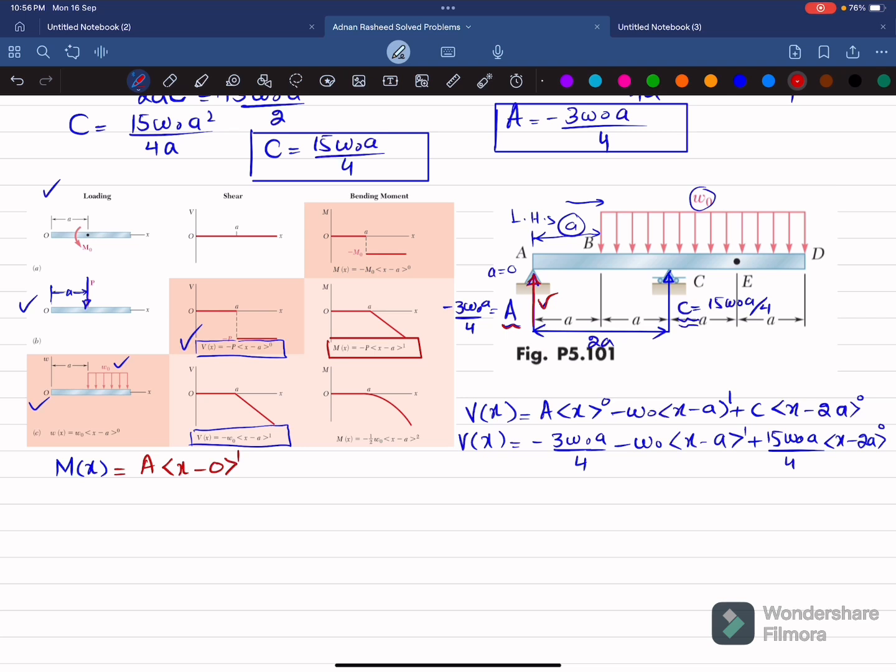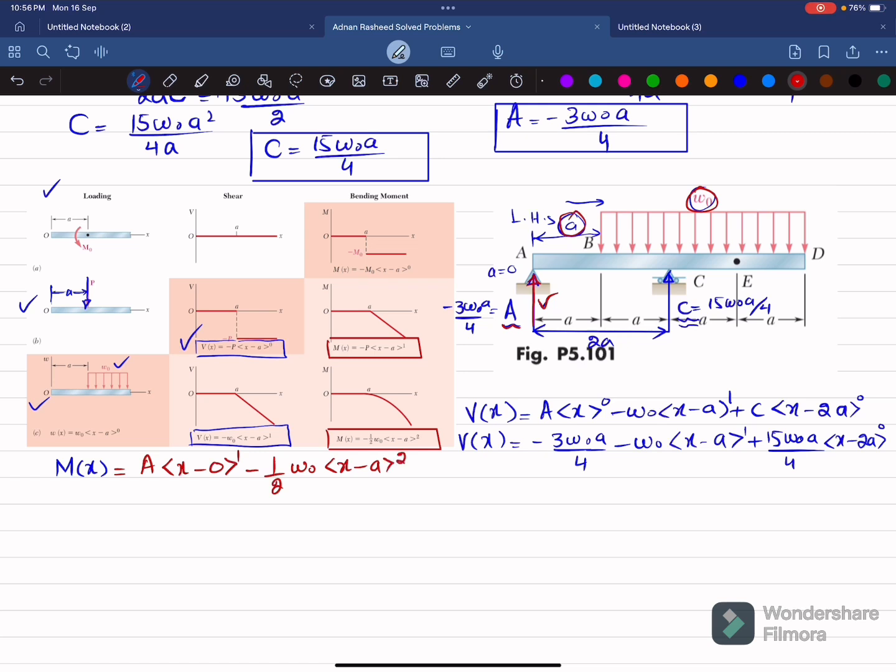And for distributed load of W naught, this is the equation for distributed load. This is downward, so negative, so I can write minus 1 over 2 W naught into X minus A, because this is acting at a distance of A from point A, power 2.